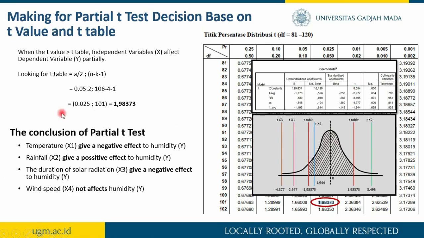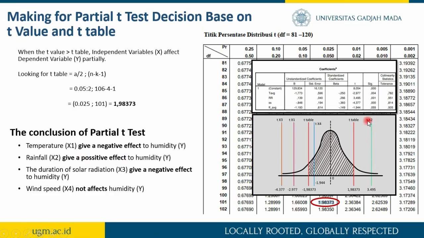The conclusion of the partial t-test with this t-value and t-table is that temperature gives a negative effect to humidity. We see the temperature, or x1, has a t-value of minus 2.9. This is in the negative area, and then rainfall gives a positive effect, x2.